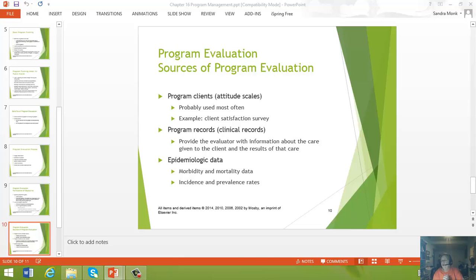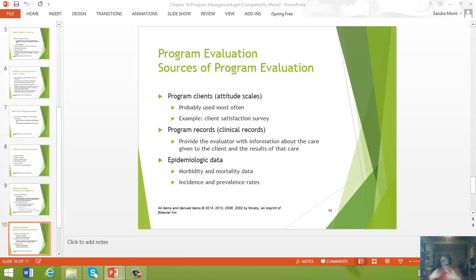And then program records, they might look at clinical records, and this helps to provide the evaluator with information about care given to the client and the results of that care. So it could be concurrent care that's going on, or they may be looking back in older records.